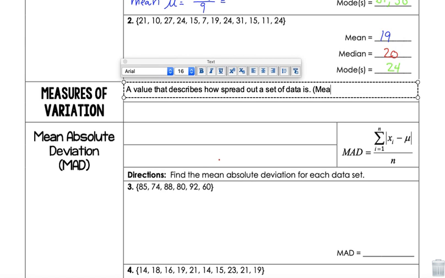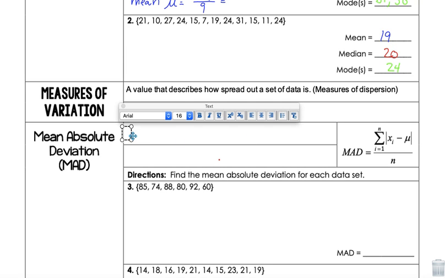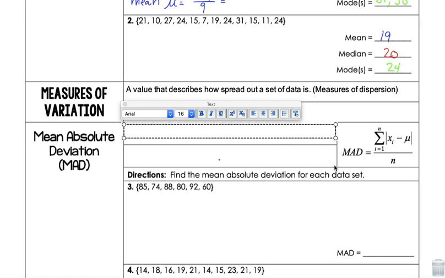So measures of dispersion. The mean absolute deviation is the average distance of each value to the mean.